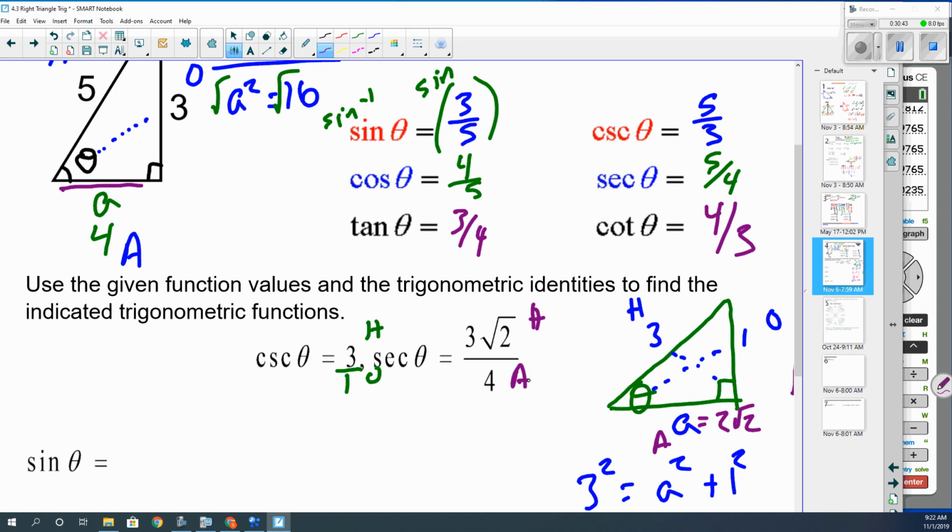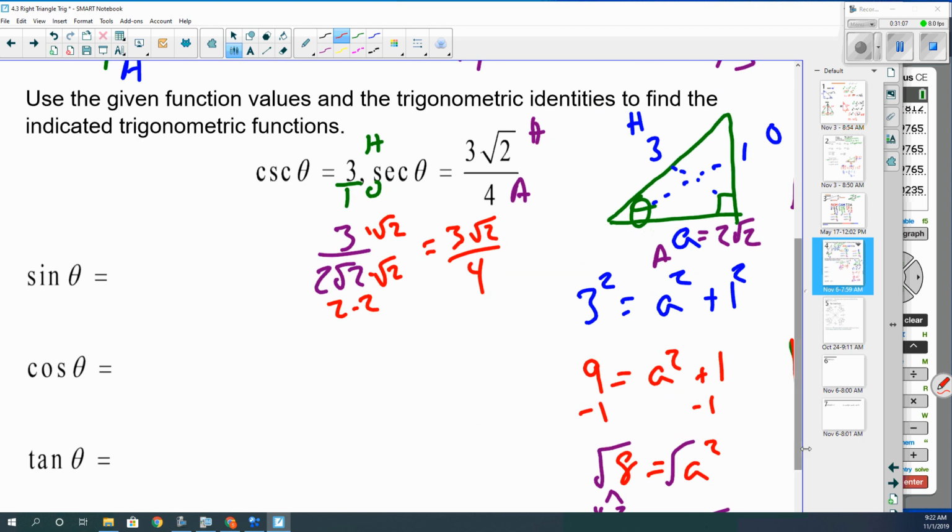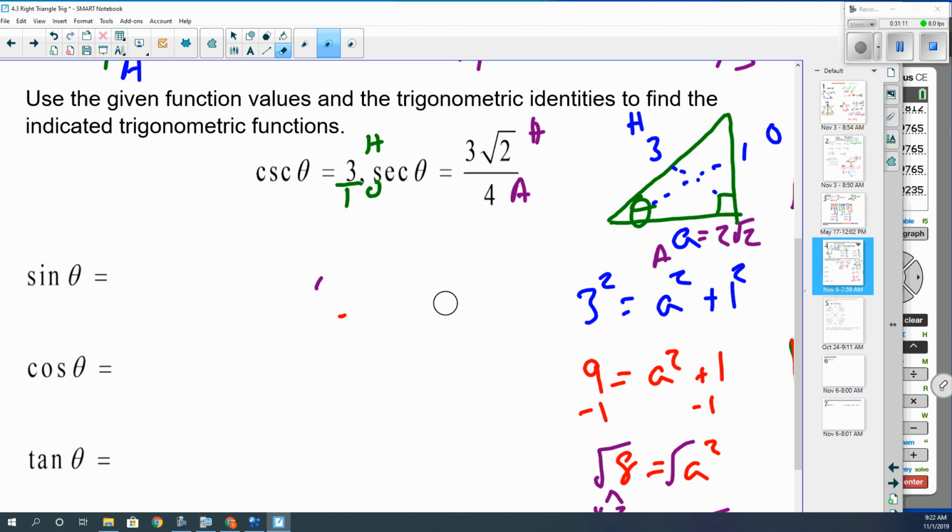Well, that doesn't look like what I had here, but if I took my triangle that I had drawn and did the hypotenuse divided by the adjacent, 3 over 2 root 2, and then got rid of the root in the denominator, then I have 3 root 2 over 2 times 2, which is 4, and it ends up matching up. It doesn't matter which of those you used, the first one or the second one, to construct your triangle, because they would both give you, in the end, equivalent triangles.